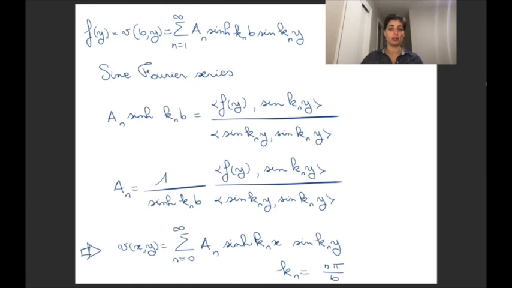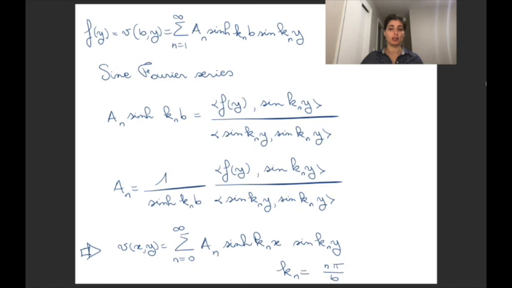So we're left to define an, and we still have a boundary condition at the other end of the rectangle, so we have f of y equals an infinite sum of an times the hyperbolic sine computed at kn times b times the normal sine computed at kn y. This is a sine Fourier series, so we know how to deal with this.